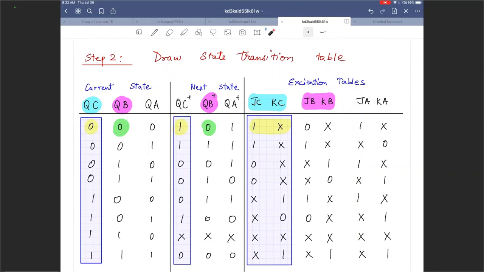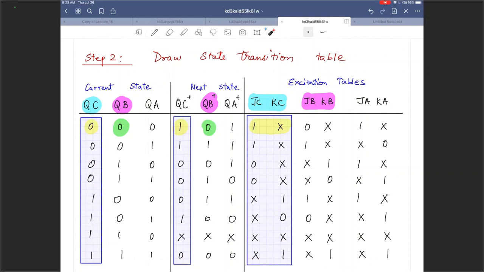Now, how did we write the current state? For current state, we just wrote all the states of the counter, 0, 0, 0, all the way down to 1, 1, 1. All the 8 states of a possible 3-bit counter. We did not do this leftmost column for current state.